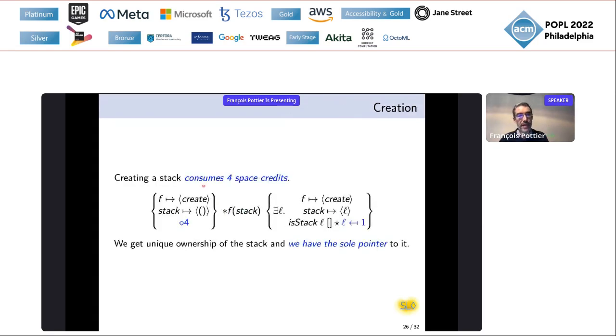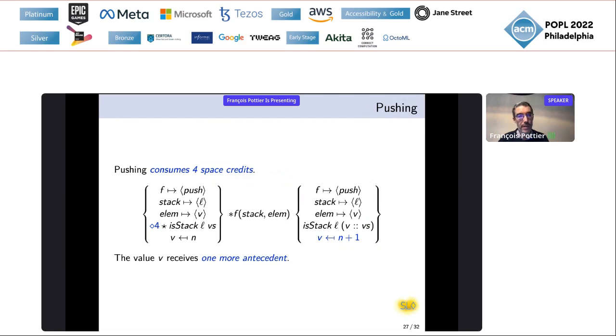So the spec of the stack uses this style of pointed by assertions, and the stack creation operation consumes some space and produces a new stack with only one predecessor, because we have the sole pointer to it. The push operation consumes some space as well, and the value v that is inserted into the stack gets one more predecessor.